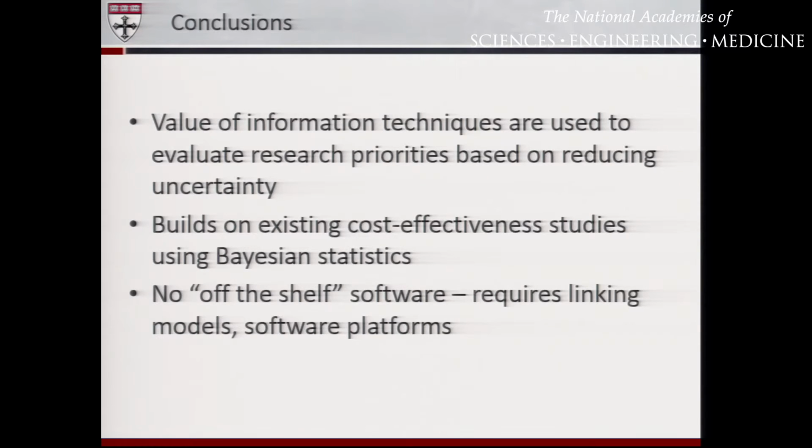So this is a whirlwind tour of value of information. I didn't go through the math because it can be a little bit more frightening, but it's certainly in the readings. So have a look at that and see how bad it is or how good it is. But these are really powerful techniques that are used to evaluate research priorities.